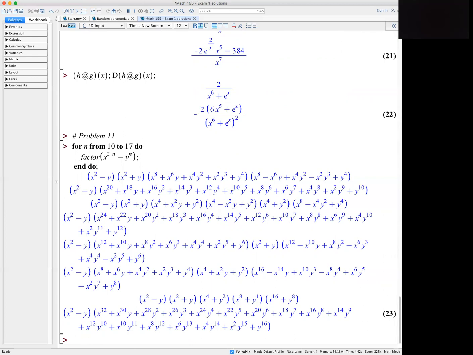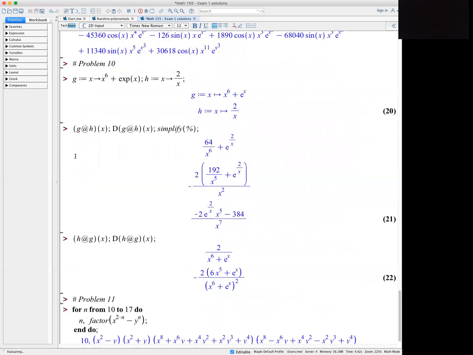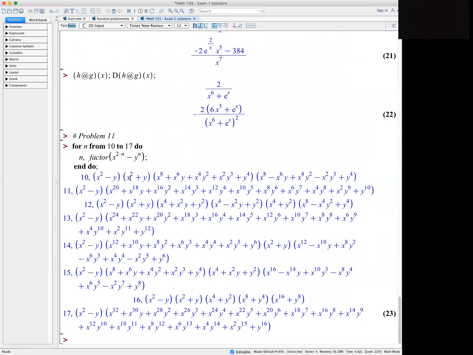And here they are. Let me prefix this with an n, so at least I know which. So when n is 10, this is all these factorizations. 16 has a lot of factors, 17 has very few. That's what it is.